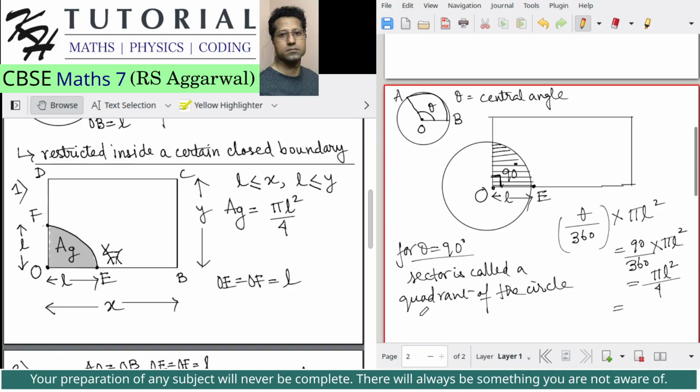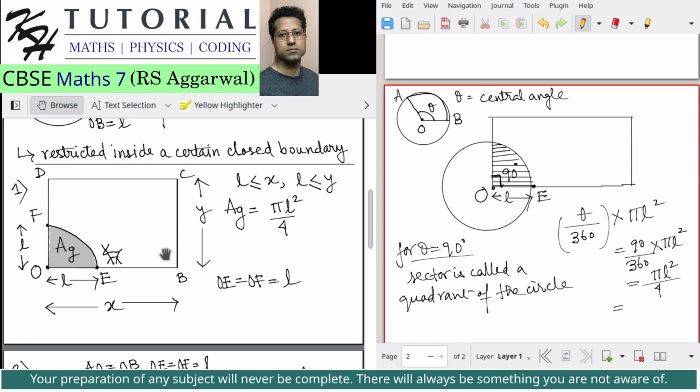Quadrant or a quarter of a circle, it is the same thing. Okay, so this was a very special scenario where the animal is tied at one corner of a rectangular plot, where the length of the rope is less than or equal to both the length and breadth of the rectangular plot or boundary.